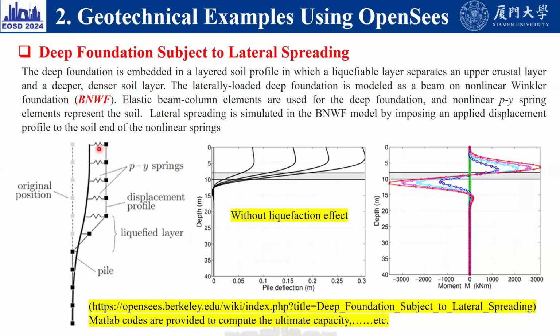Here's the pile. You have the springs, then you just impose the displacement profile onto the springs. Then the springs will transfer the force to the pile. You can see here, with the increase of the displacement profile, the pile deformation will increase. So this is a very simplified method for engineers to design foundations.